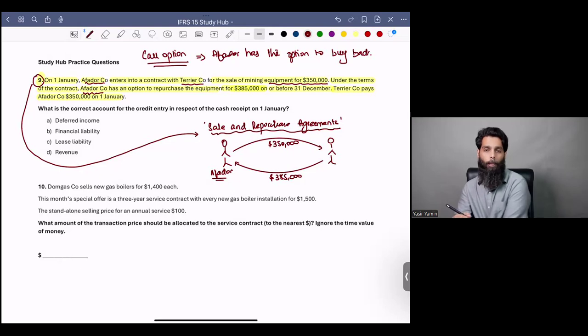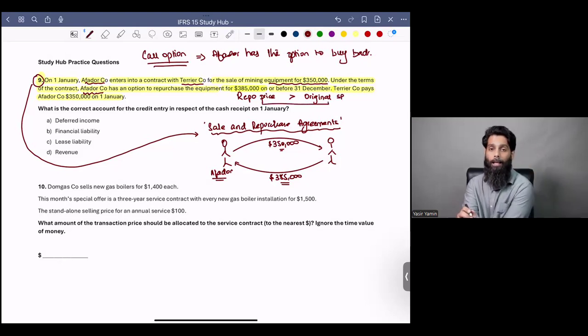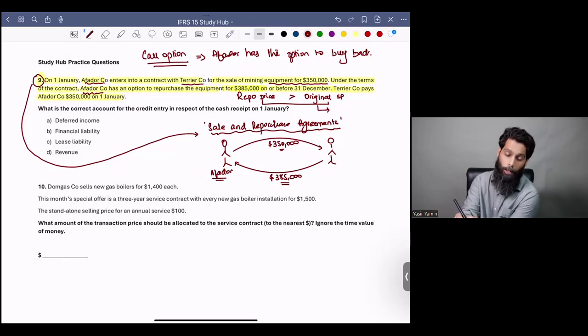And when they buy back, they will buy back at a price of 385,000, which is more. You see, the repurchase price is higher than the original selling price. You should remember what the outcome was. If the repo price was higher than the original selling price, then this is supposed to be what?